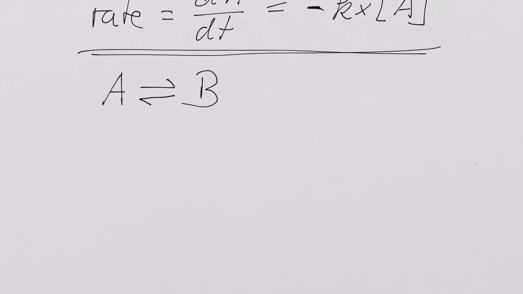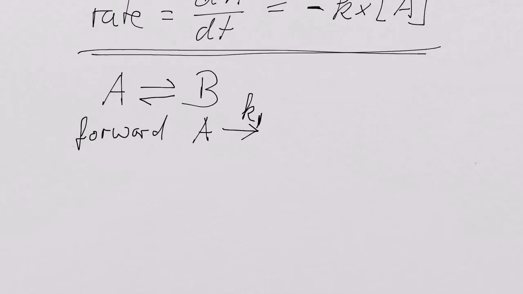What we can do is we can try and say, right, actually we can break that down into two reactions. We can say we have a forward reaction, and that would be A is broken down into something. Let's say we have a rate constant of K1 for this.